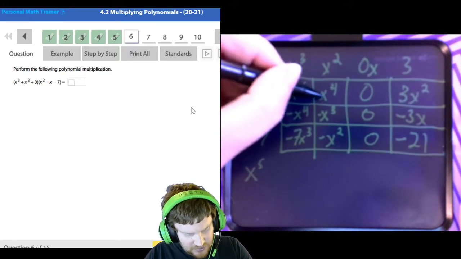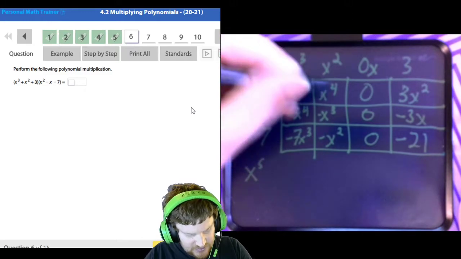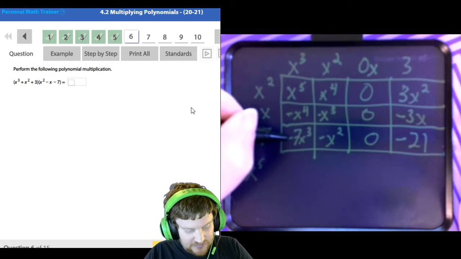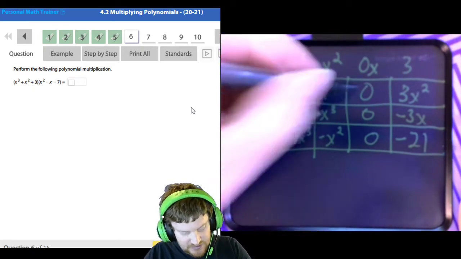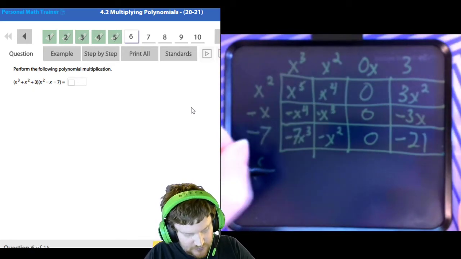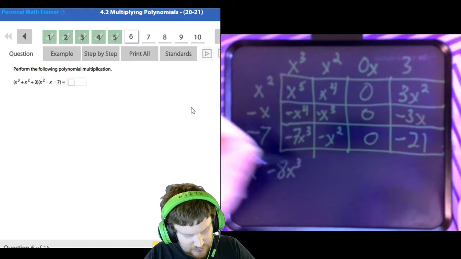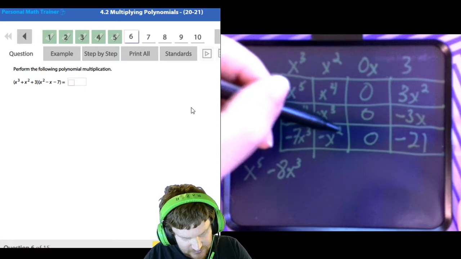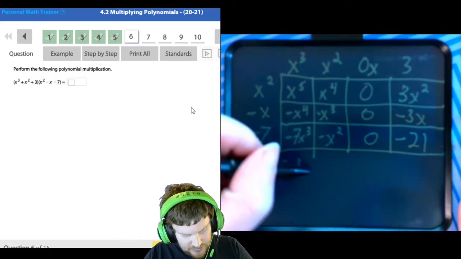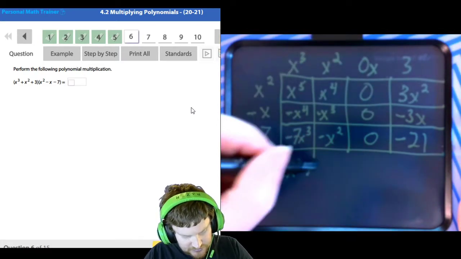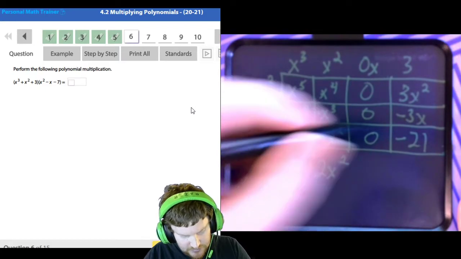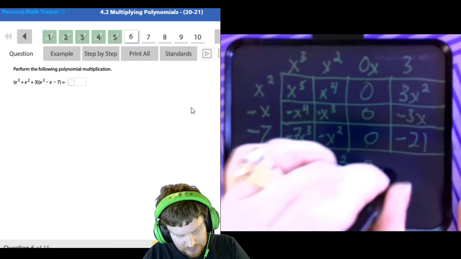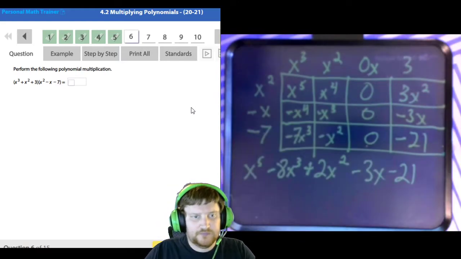This is plus 1, minus 1, so those are going to cancel. And I've got negative 8. Well, negative 7 minus 1 is negative 8, and the 0 is just 0. Negative 8x cubed. My next diagonal is negative x squared plus 3x squared. That's plus 2x squared. 0 minus 3x is negative 3x minus 21.